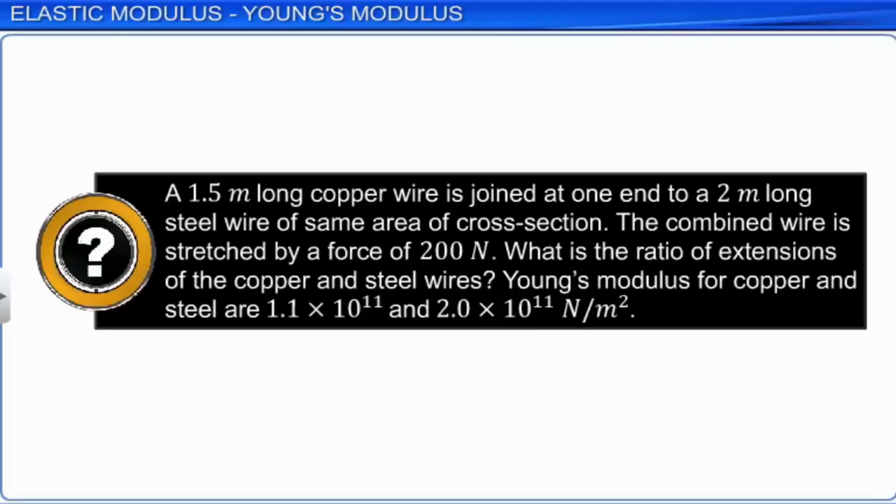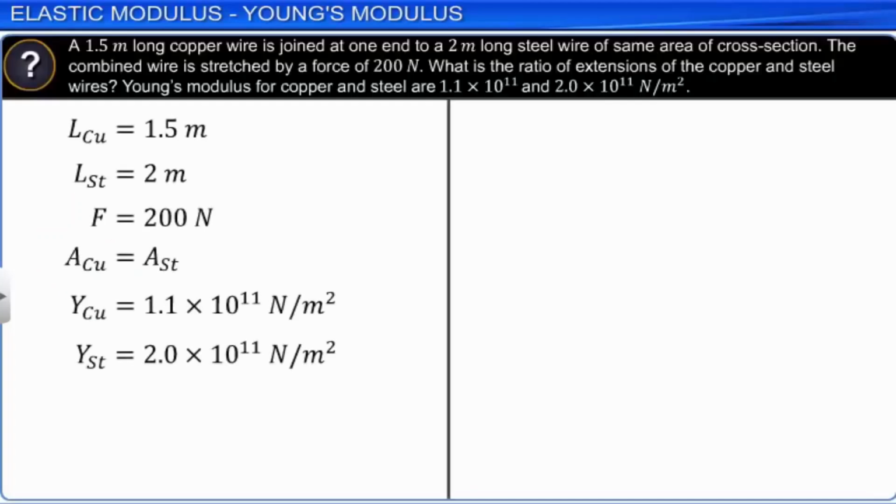The values given in the problem are the original lengths of the two wires, load, and Young's modulus for each material. We write the expression for Y for the copper and steel wires.